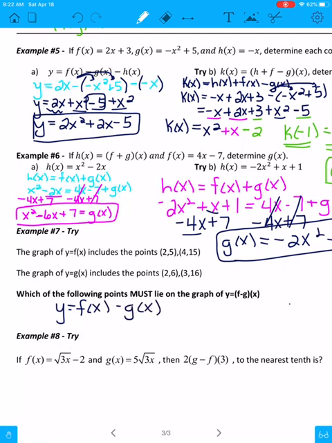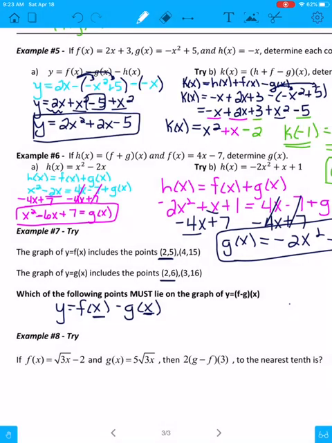Now you can only compare when these x's are the same, right? So if I wanted to do f of 4, y would be 15, but I don't have a g of 4. If I wanted to do g of 3, y would be 16, but I don't have an f of 3. So the only ones I can compare are the 2's.